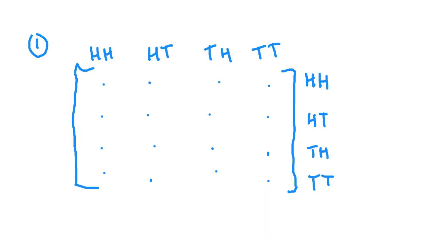Now, to give you a little bit of a guide here, let's say you wanted to know what that value is going to be. Basically, that value would be the probability of going from this state, HH, to this state, HH.